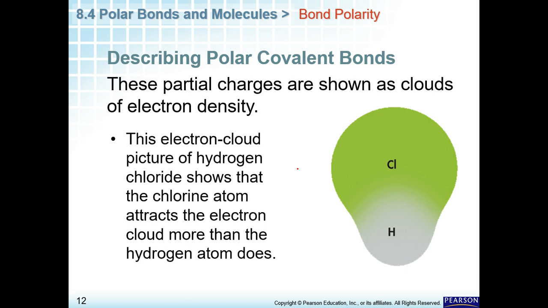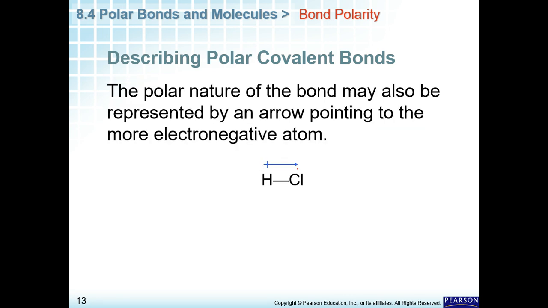You're going to have a more dense region closer to your most electronegative atom. The last way, besides using our delta sign and our electron cloud model, is to use an arrow pointing towards your most electronegative atom. With hydrogen and chlorine, the arrow is going to point towards chlorine because that's where those electrons are going to want to go.